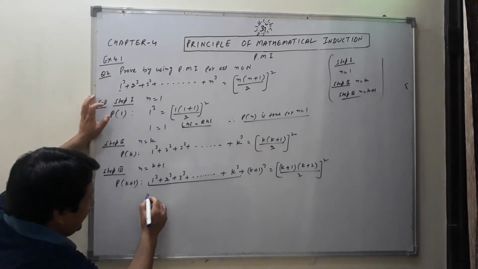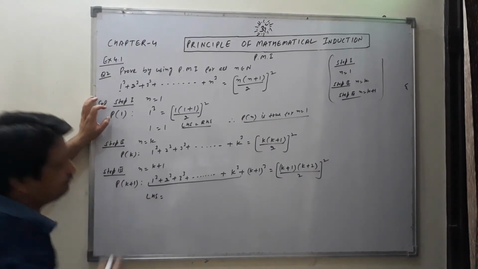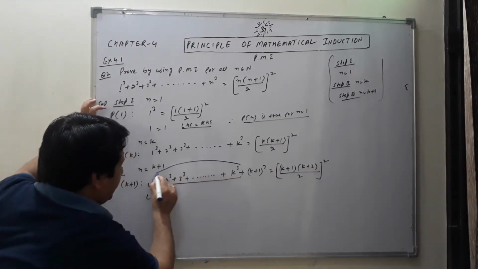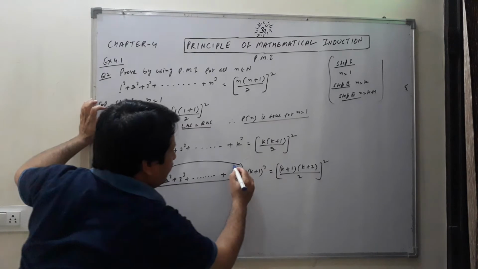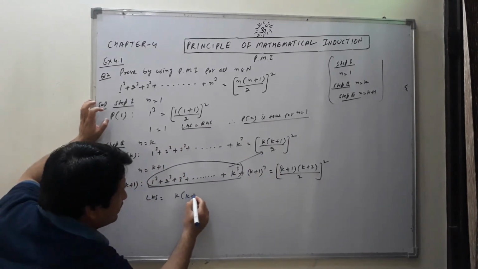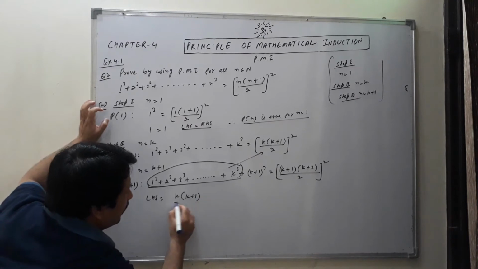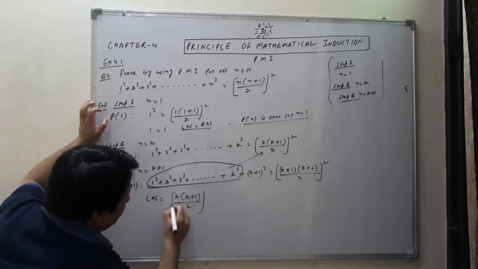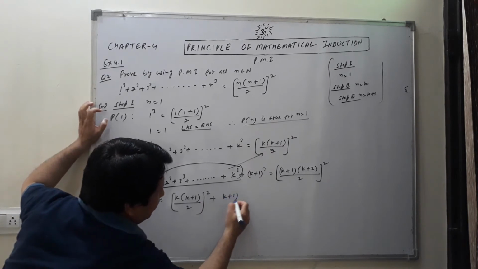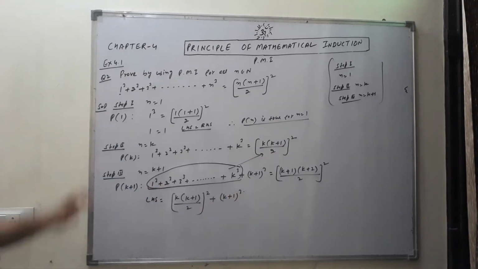So let us see, here we will take the left hand side. Once again I am repeating, up to here we will put this value. This value is k into k plus 1 upon 2, whole square, plus k plus 1 cubed.